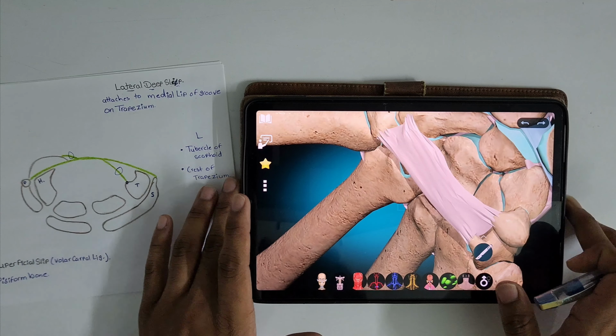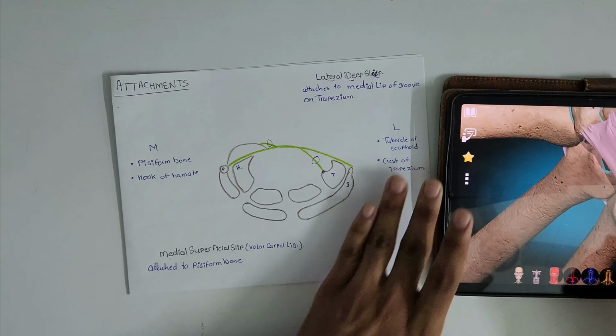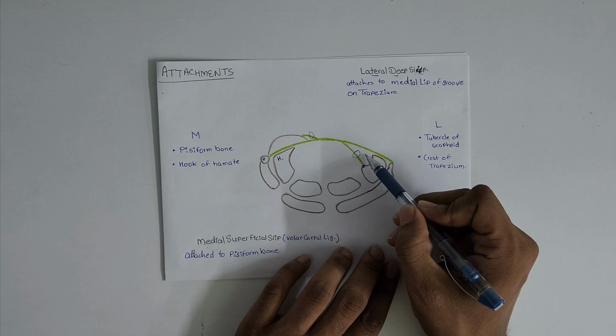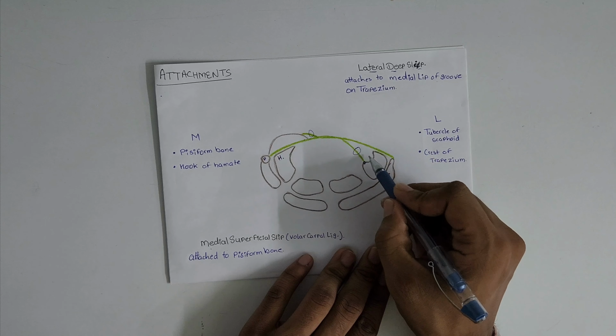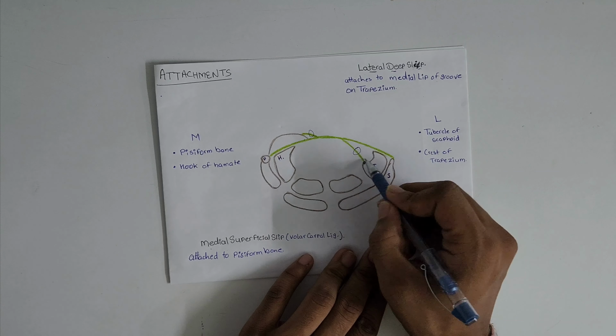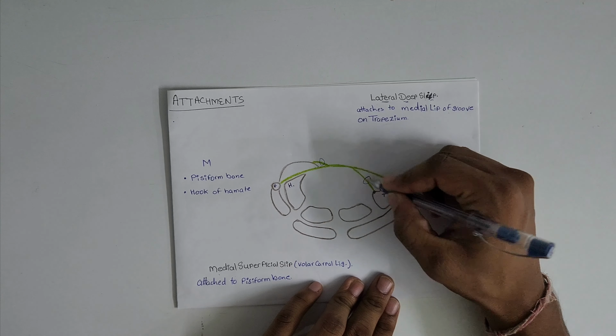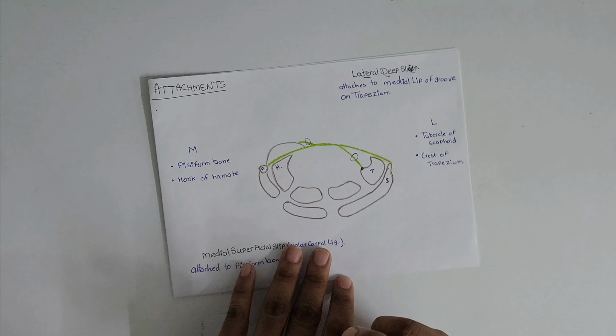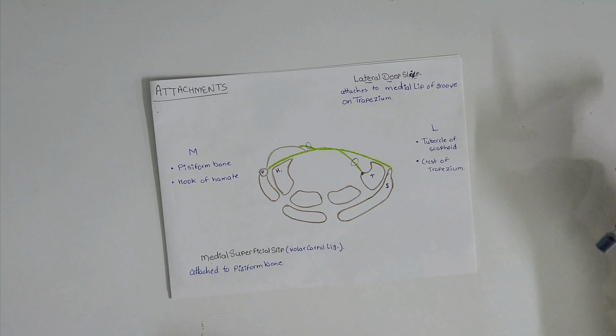So what you have to grasp from this is that these two slips form another tunnel. You can see one more space is formed, a triangular space, and here one more space is formed. These two tunnels also have some contents in them.